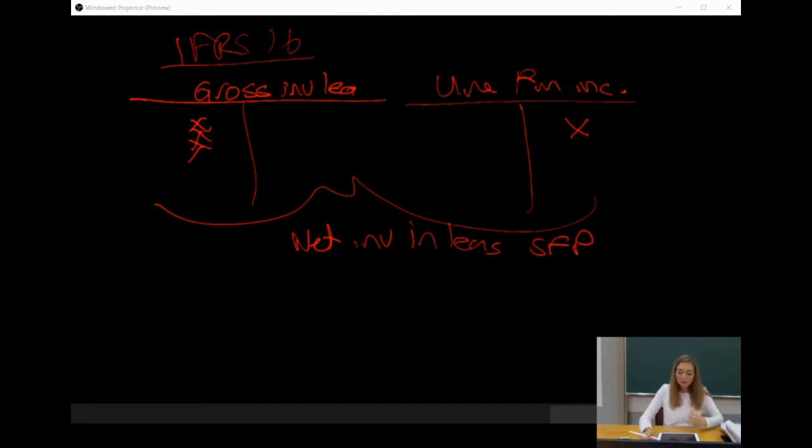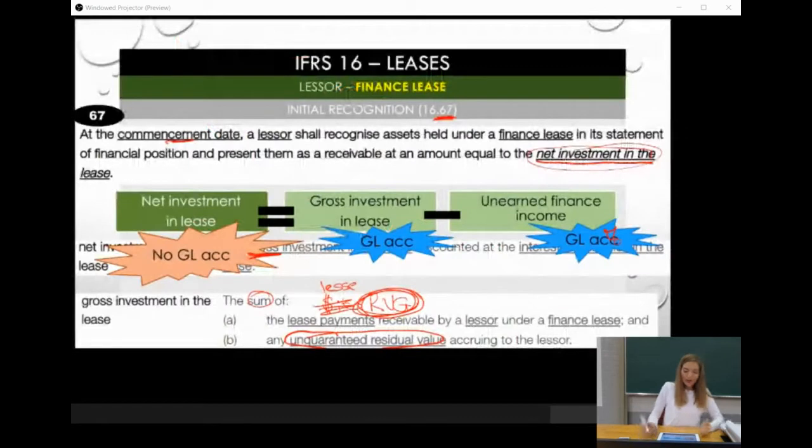Okay, so that's the principle that we follow here with our GL accounts to account for the net investment in the lease. So please, no T account, no general ledger account, no journals. You cannot do a journal to your net investment in the lease account. There is no such account.